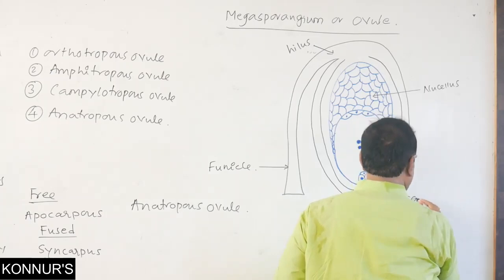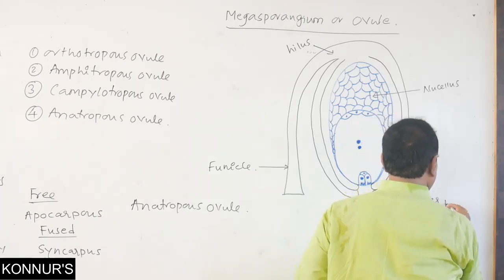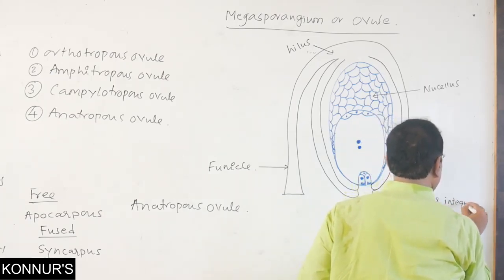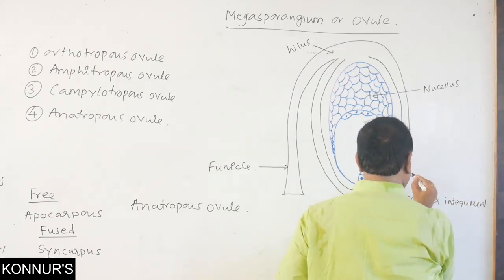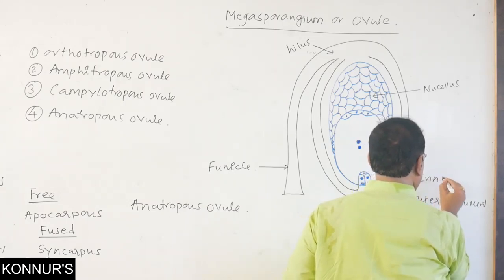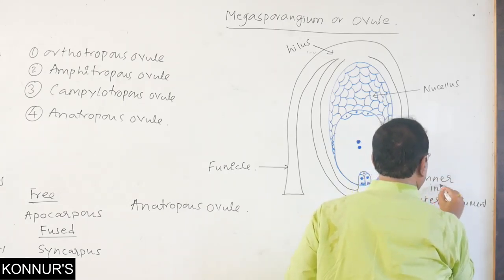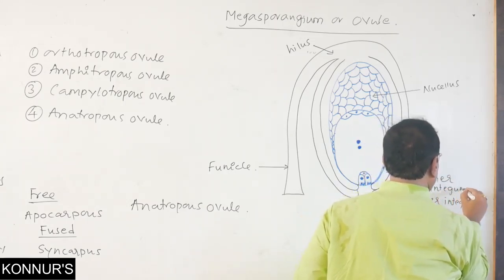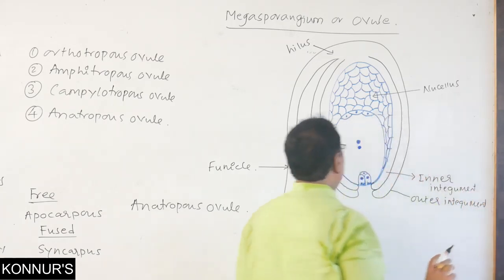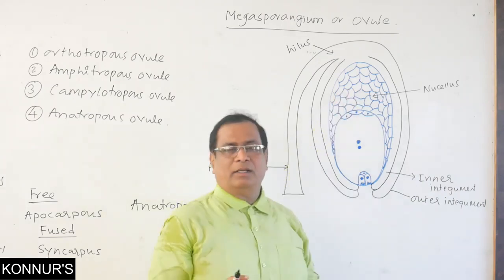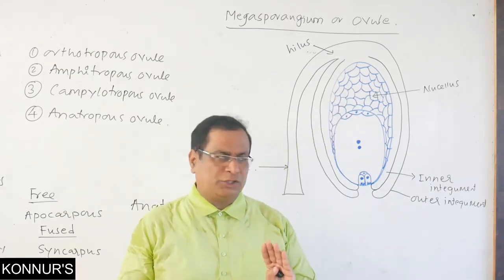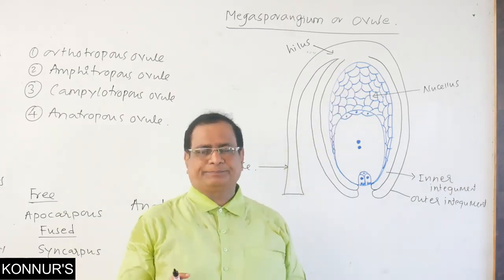This is the outer integument and this is the inner integument. These are the 2 coverings which cover around the central homogeneous tissue, the nucellus.